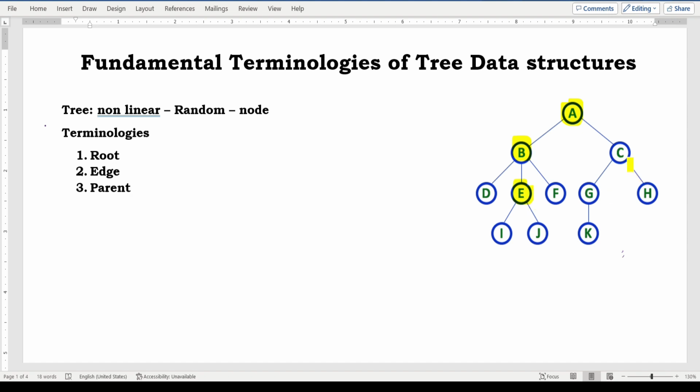That means any node which has a child or children. So these A, B, C, E, G are the parent nodes. So let me better mention here.